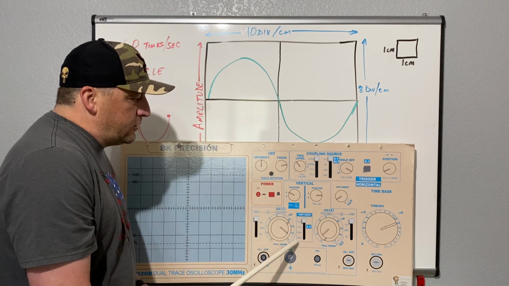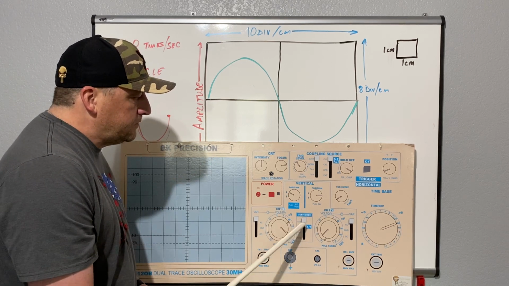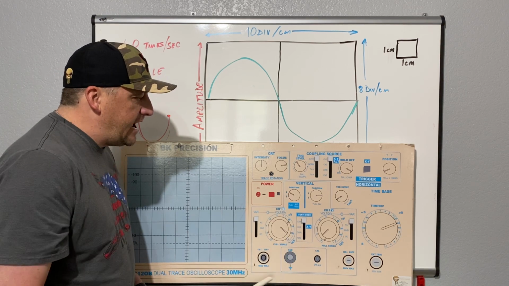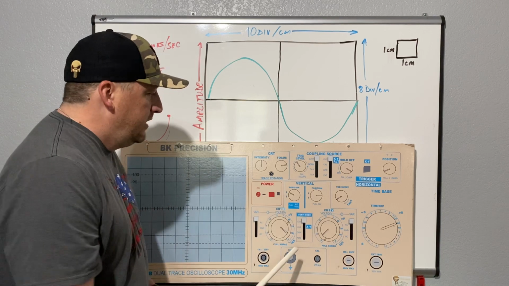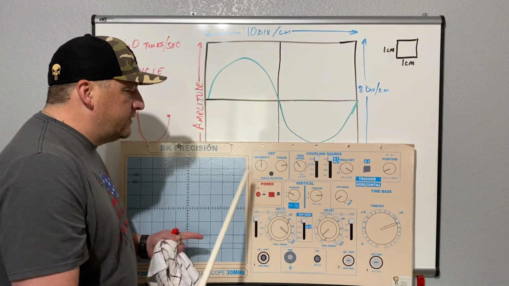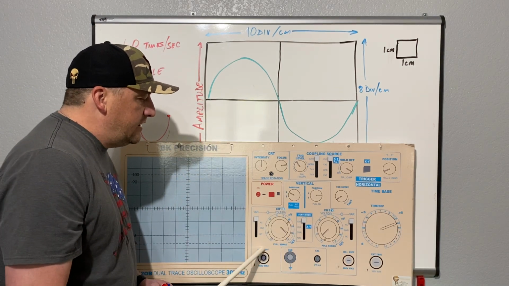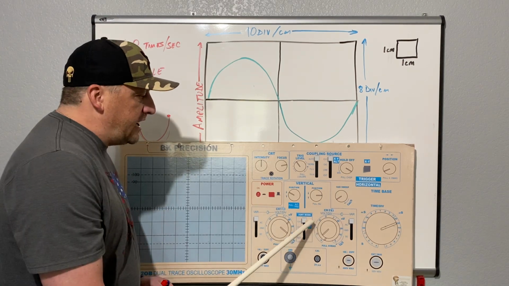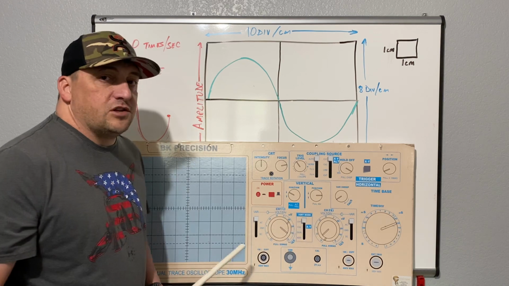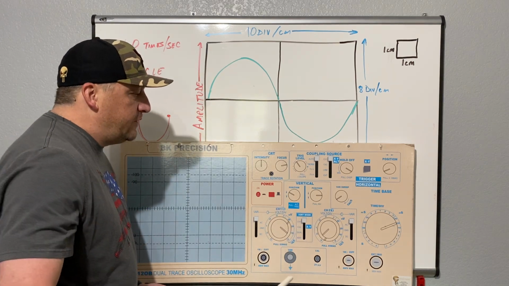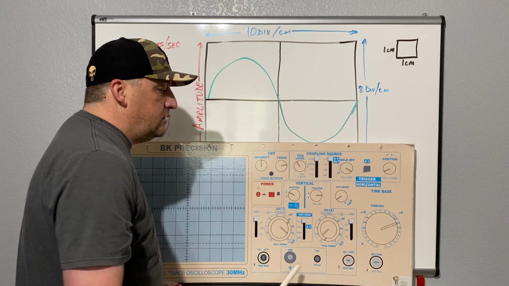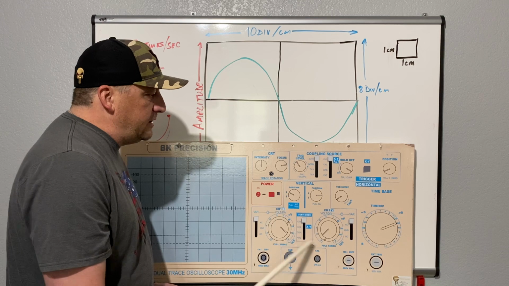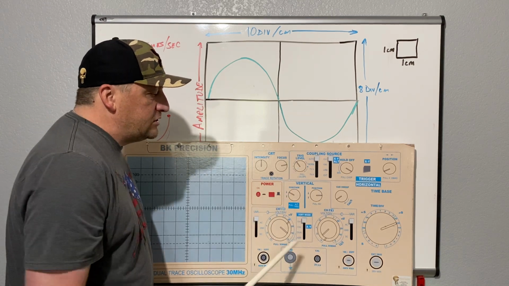Now, this little portion here in the center, you've got channel 1, channel 2, dual, and add. Channel 1 is selected here. That means whatever signal we've got coming into the oscilloscope, we have that signal coming into channel 1. So that's the one we want to look at, so we switch to channel 1. If we have a signal coming into channel 2, then we will switch to channel 2 and we will be able to look at the signal coming in on channel 2.